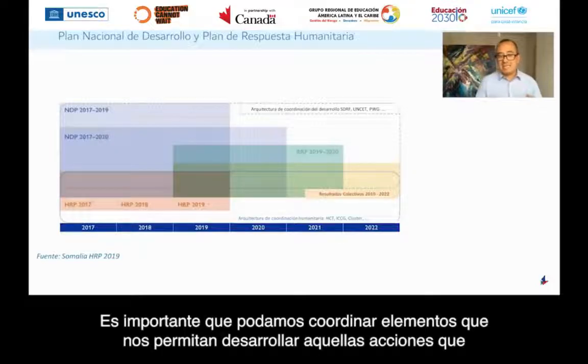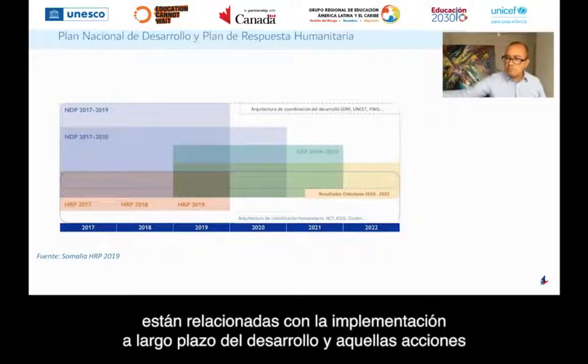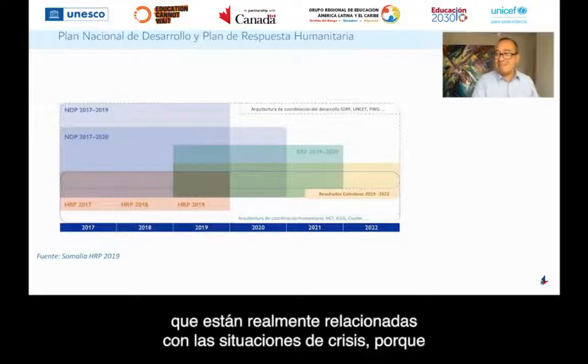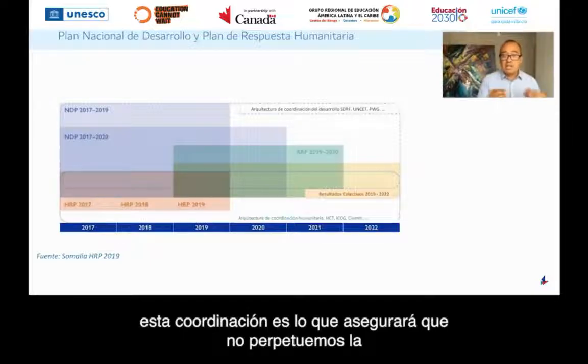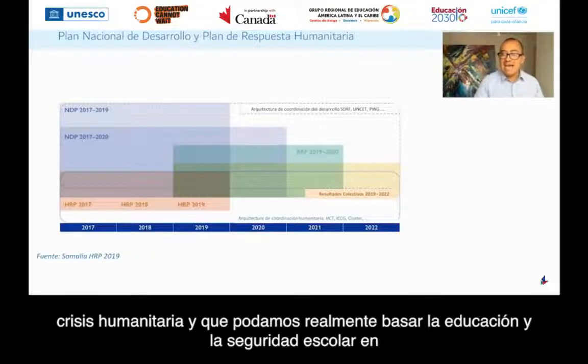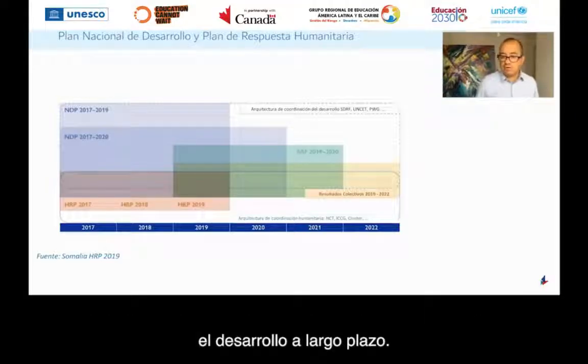It's important that we can coordinate elements that will allow us to develop those actions that are related to the long-term implementation of development and those actions that are really related to crisis situations. Because this coordination is what will ensure that we don't perpetuate the humanitarian crisis and that we can really base education and school safety on the long term for development.